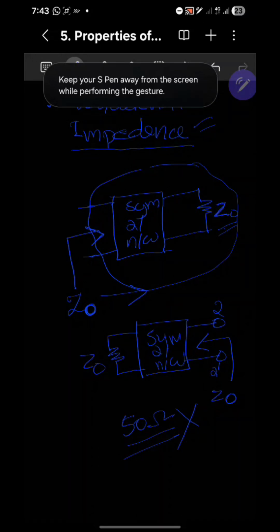That means the characteristic impedance ZO is unique. Remember, this is impedance, not simple resistance. Here, for showing the example, I have just shown a resistance value. Generally, it is an impedance. Impedance is basically frequency dependent.